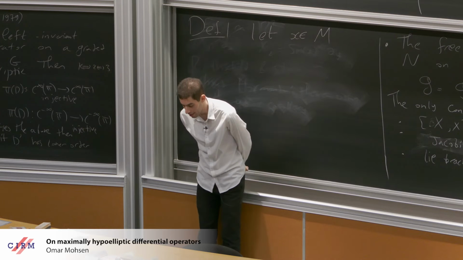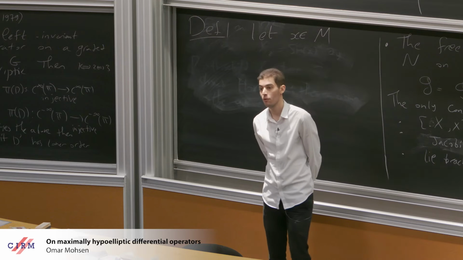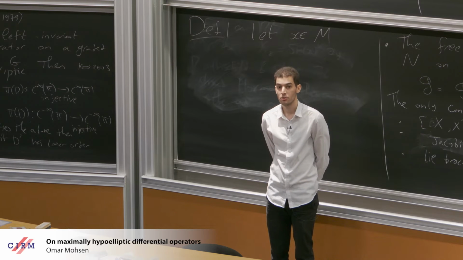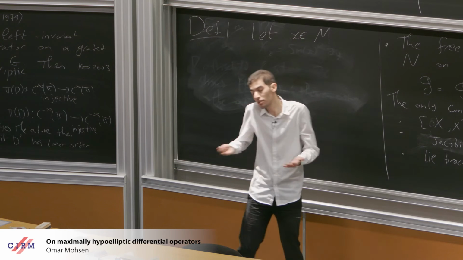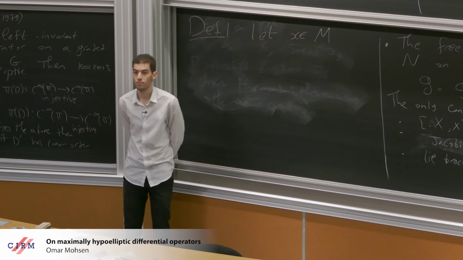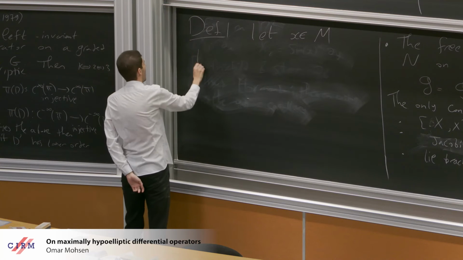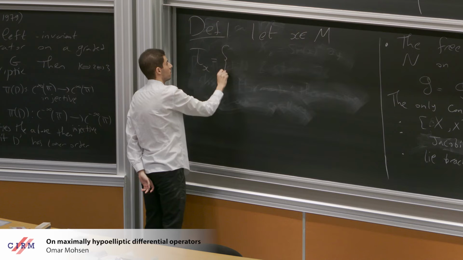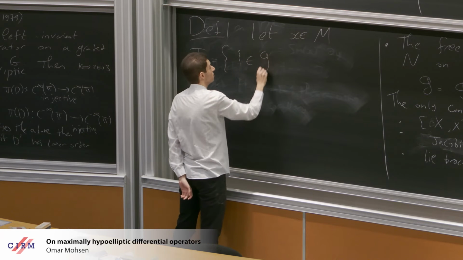This is natural because differential operators have coefficients which are C-infinity functions on the manifold, and so they don't exactly come from formulas from the group. It also depends on the point in the manifold. And so it's defined as follows. It will be a subset of the dual of the Lie algebra.